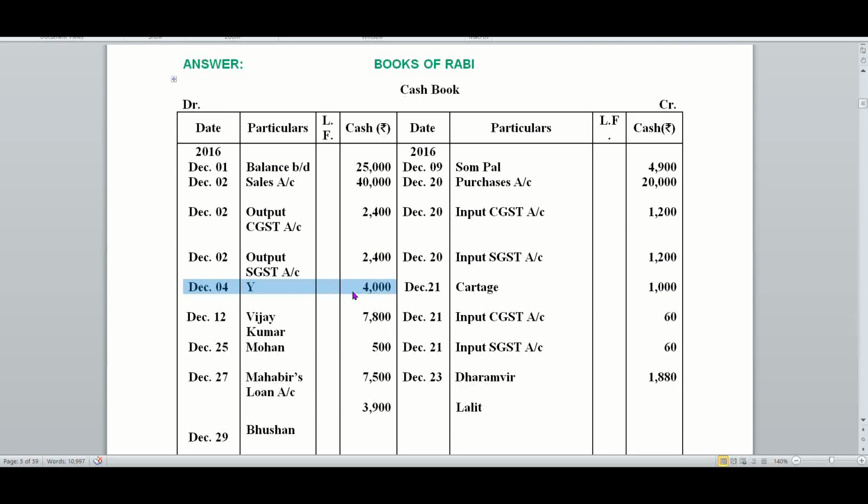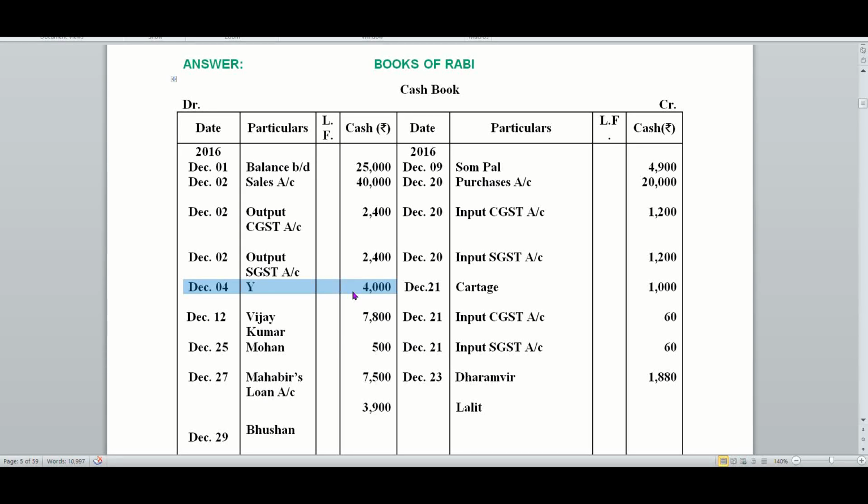Then another one is paid to Sompal, rupees 4,900. When somebody is paid, that person's account is debited. Sompal account debit to cash. Sompal is the receiver.